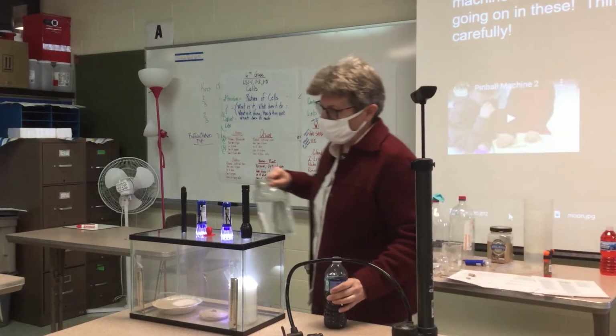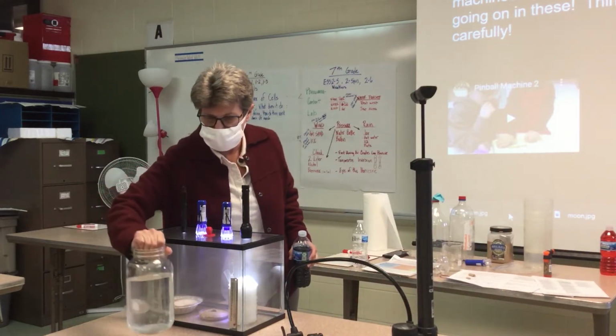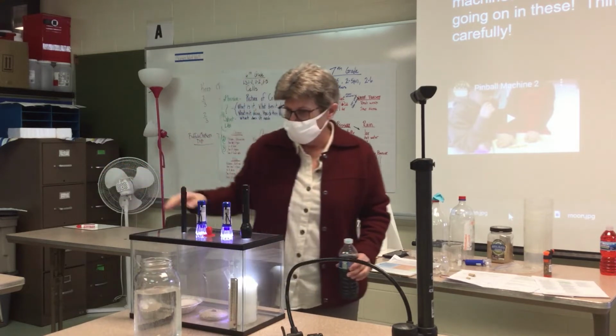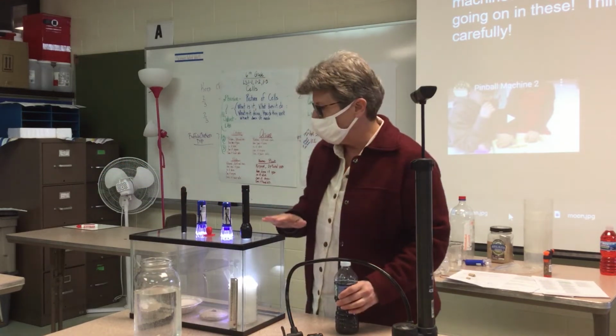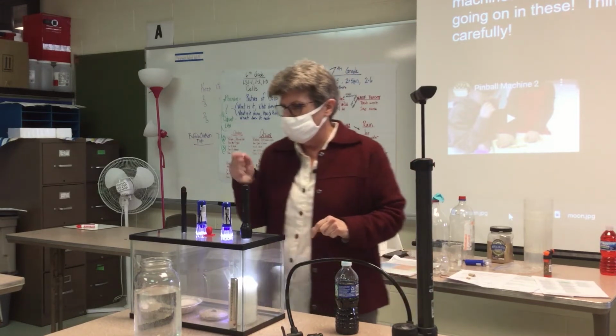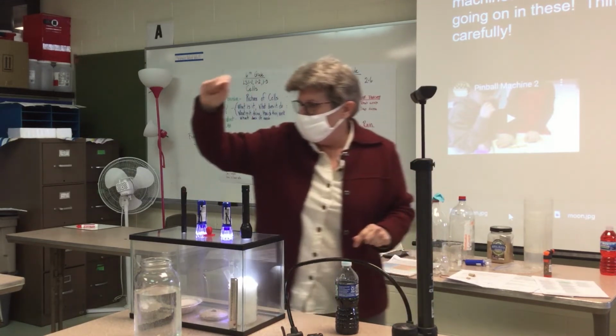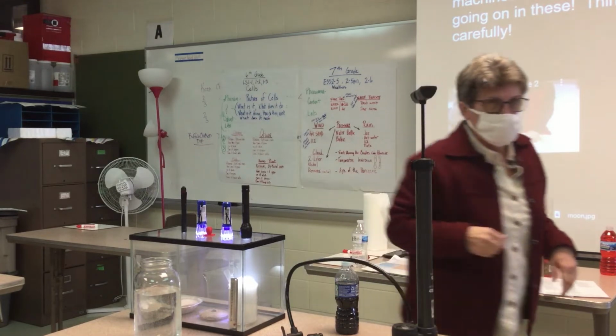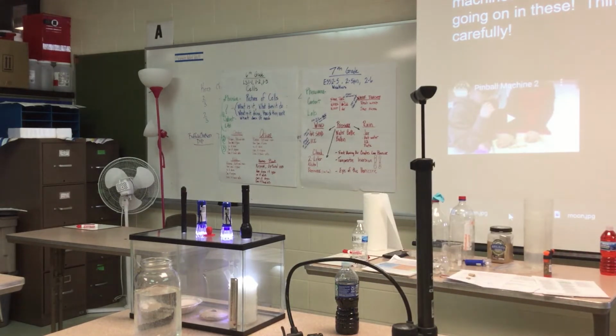The next thing that ties into this is ocean currents. When we talk about ocean currents, there's a couple of different models we can do. I'm going to do this one in a jar just because it doesn't take up as much space.